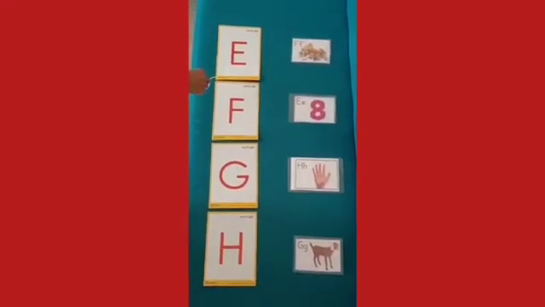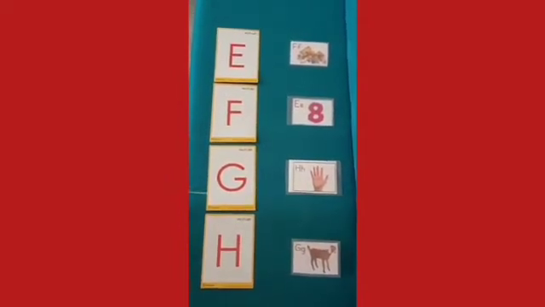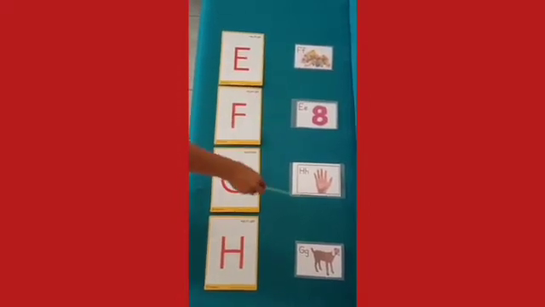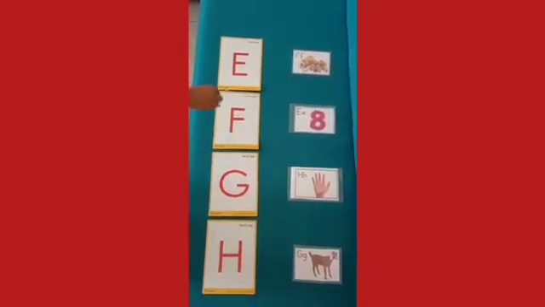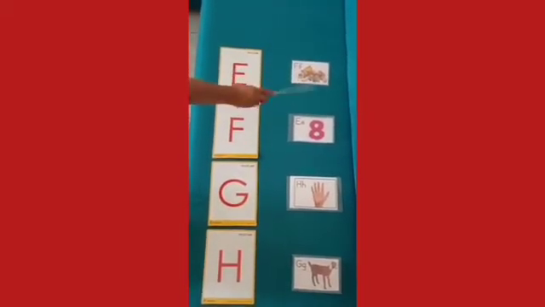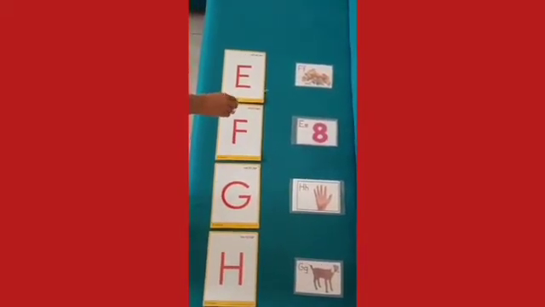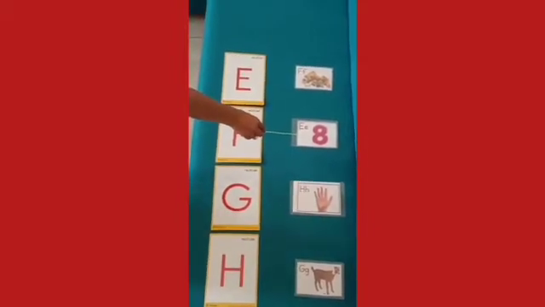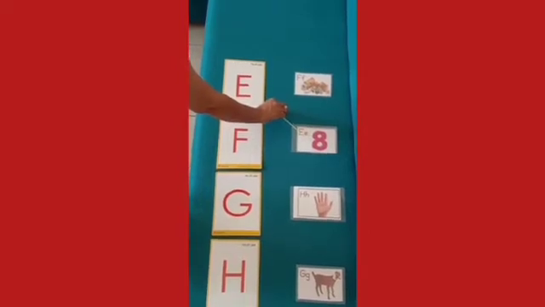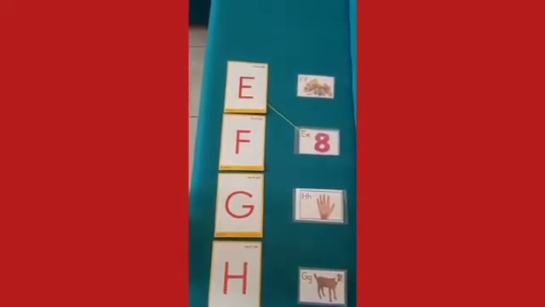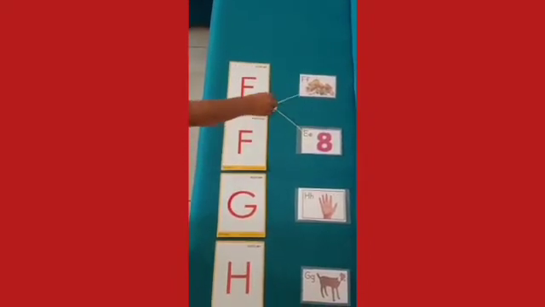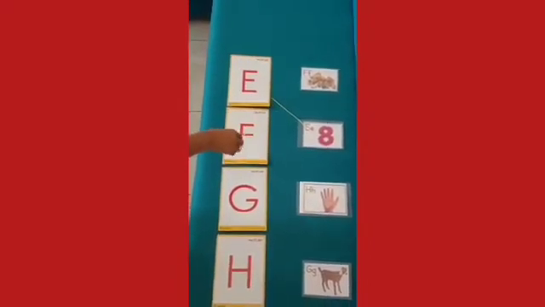We have alphabet E, F, G, H and their related pictures. First alphabet is E. E for fruits? No. E for 8. So we will match alphabet E with picture of 8. Next alphabet is F. F for fruits.